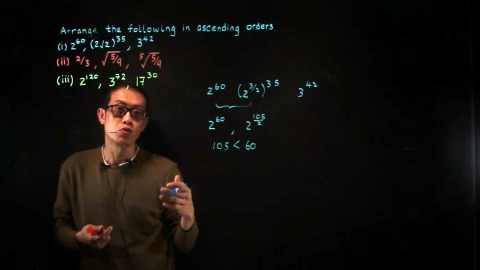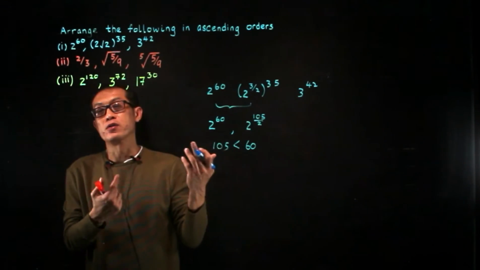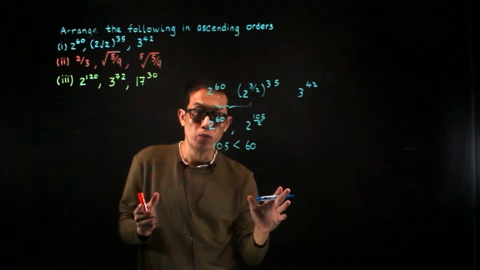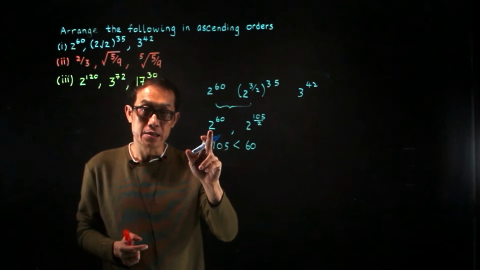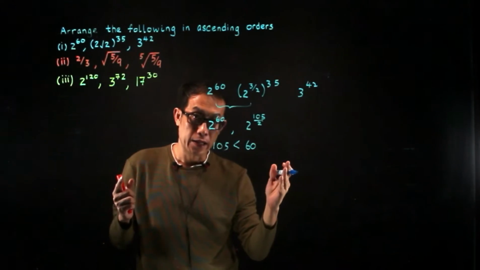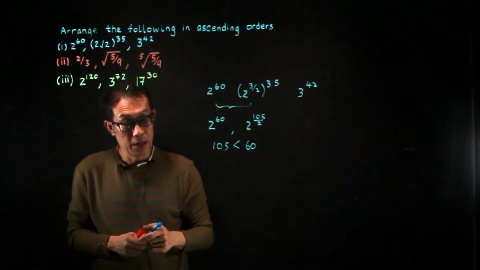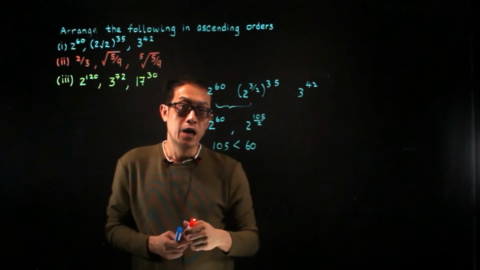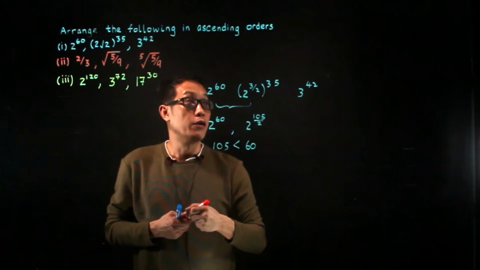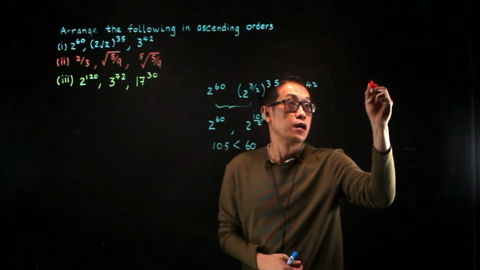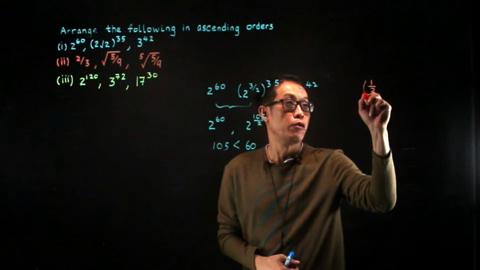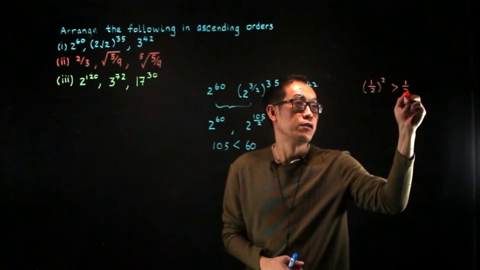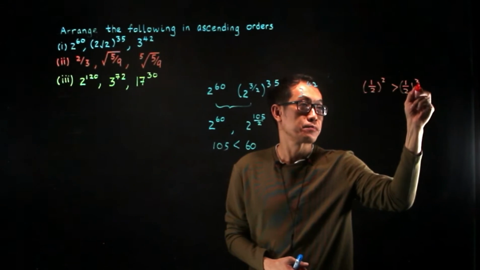Take for example 2 to the power of 3 is bigger than 2 to the power of 2. However, it is not true if the base is between 0 and 1. Take for example the number half. Half to the power of 2 is greater than half to the power of 3.